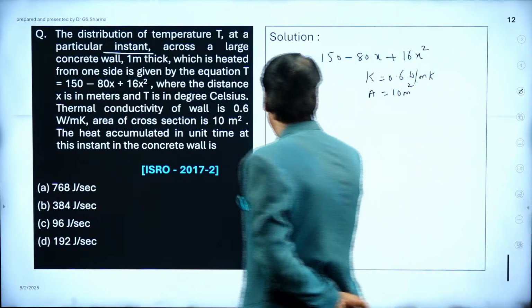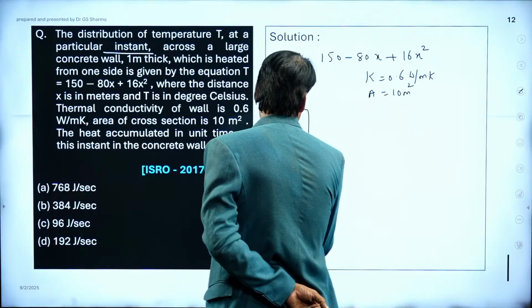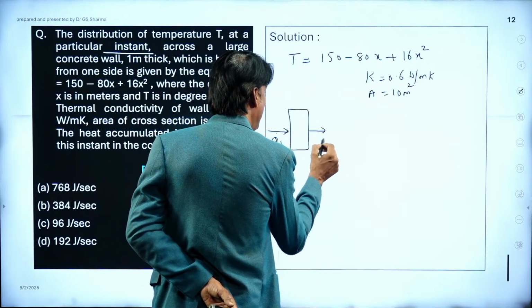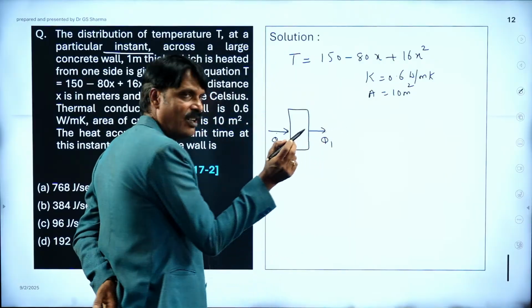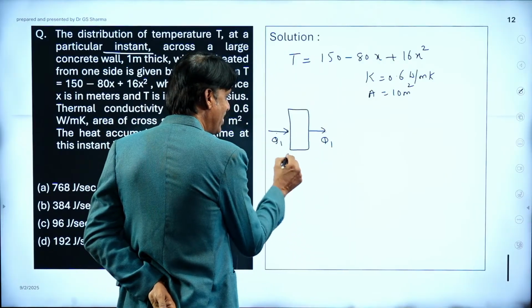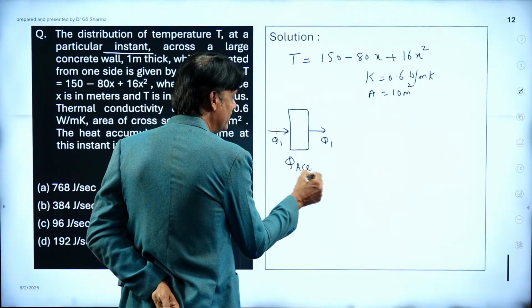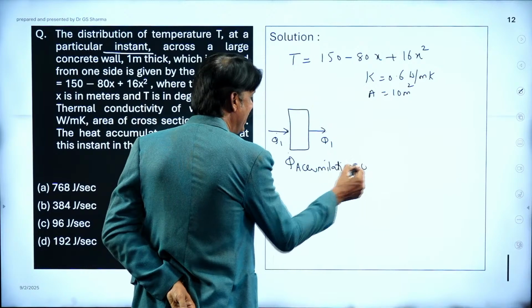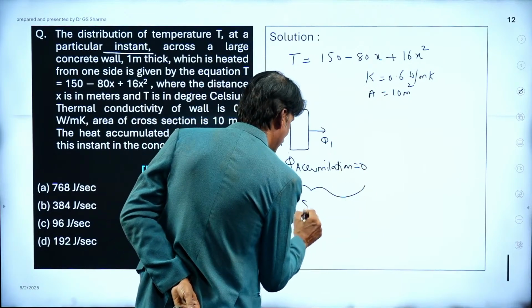If you observe any steady state phenomena, suppose Q dot 1 is entering and the same Q dot 1 is leaving, then Q dot accumulation is 0. This is your steady state.